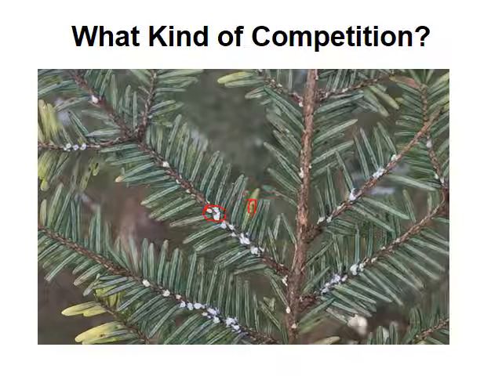The scales are feeding off of mesophyll cells in the needle, and the adelgids are feeding off of xylem ray parenchyma cells in the twig. So they're not feeding off the same exact cells, but they're both drawing resources from the same tree. So they are competing over the resources that the tree has in general. So this would be called exploitative competition, most likely.